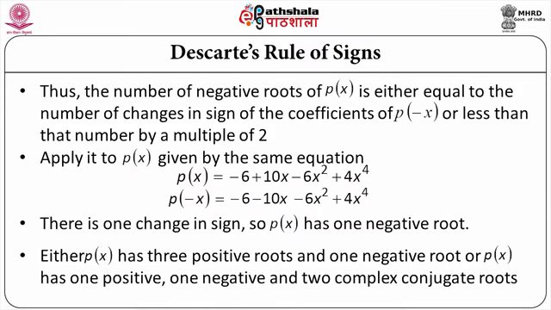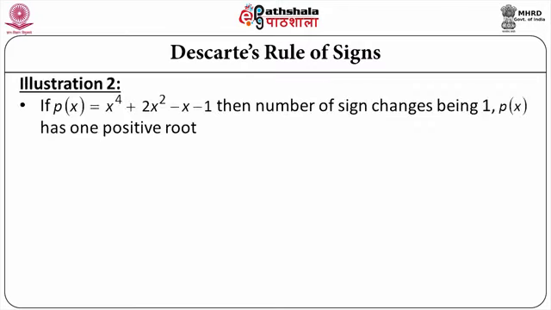So, about the negative root, the number is fixed, it has one negative root, and about positive roots, what we have obtained is either 3 positive roots or 1 positive root. So, the scenario is 1 positive root, 1 negative root and 2 complex roots, or 3 positive roots and 1 negative root. This is the inference we have been able to draw from the previous example applying Descartes' rule.